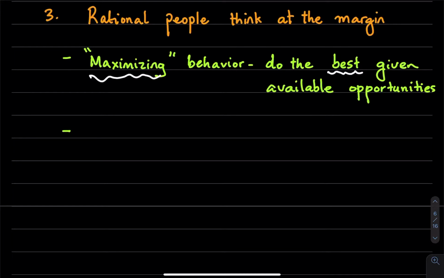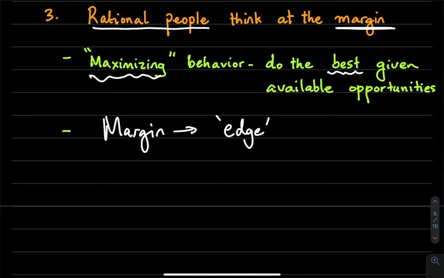Okay, so let's think about what we mean by rational people thinking at the margin. Decisions that are made at the margin refer to decisions that are made on the edge, which really means that economists use the term marginal changes.